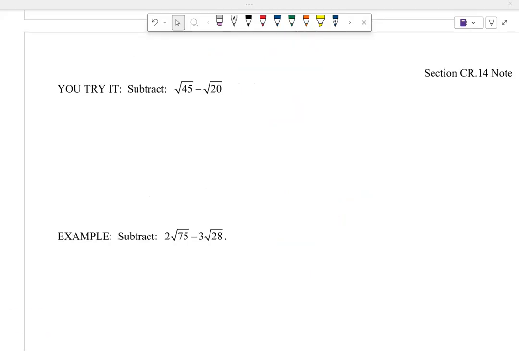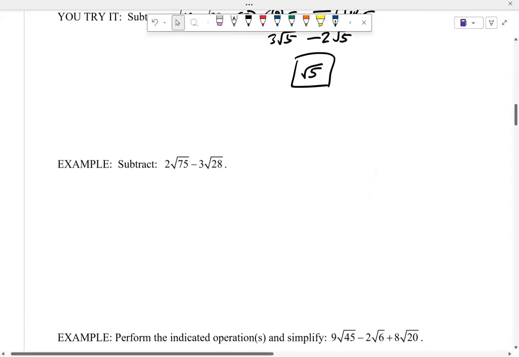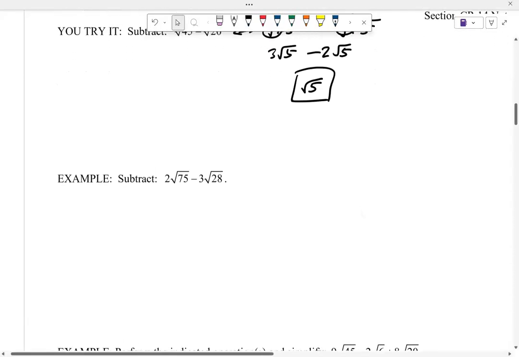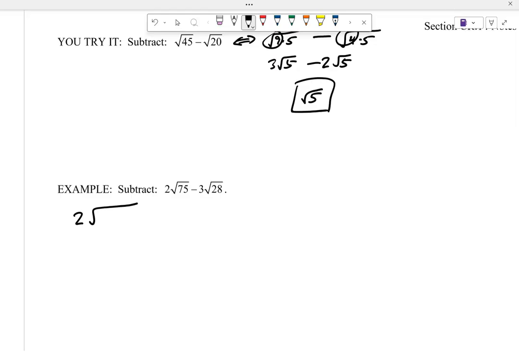Go ahead and try those next two. Pause the video. You should get a 1 root 5 on that once you simplify this down. Similarly for the square root of 75 here, we've got a 25 times 3. 25 is 5 and 5. 28, I got 7 and 4. 4 is 2 and 2.